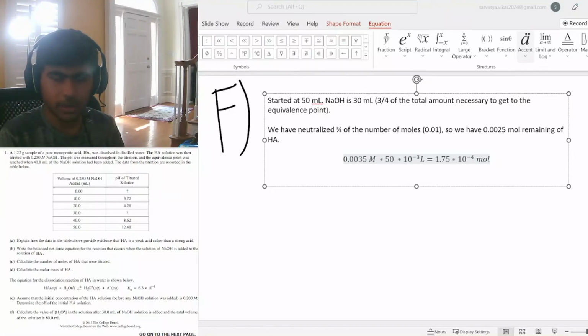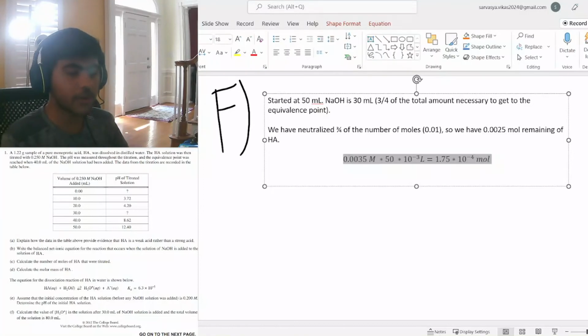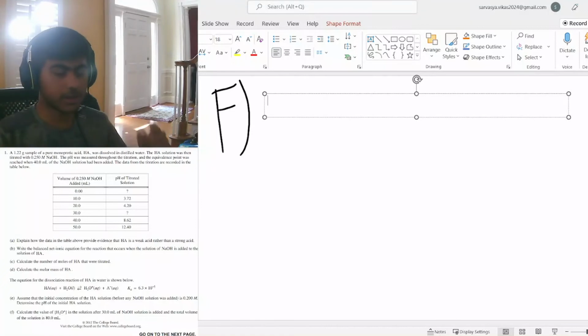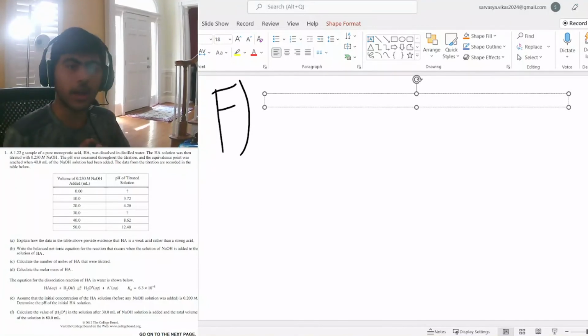Would that work? It doesn't seem like it would, because when you're adding the NaOH, the equilibrium is going to change. So this is not going to work, and we have to go back to the drawing board. Let's get rid of everything, and with a clear head think about how we're going to do this problem.